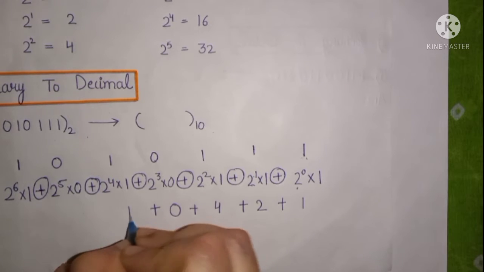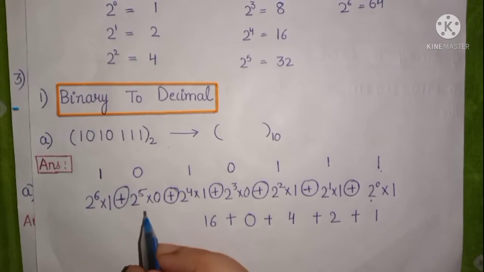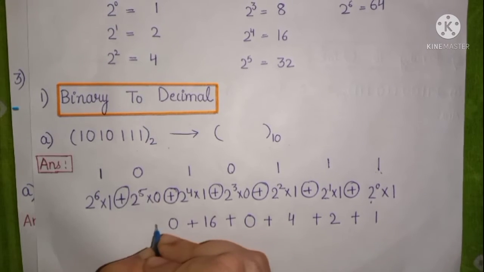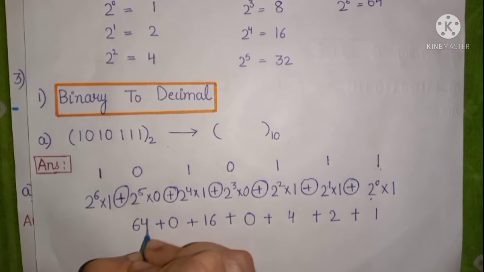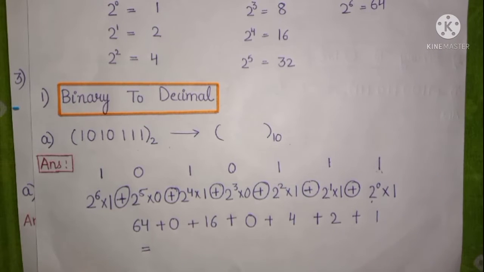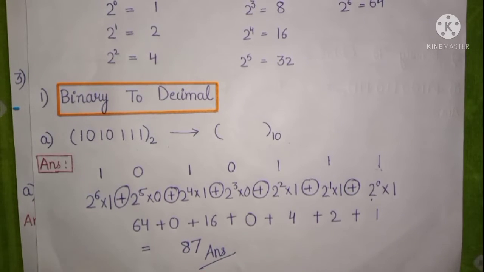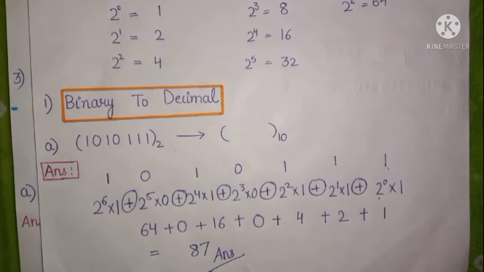So 16 into 1 is 16. Now 2 raised to the power 5 is 32, but 32 into 0 is equal to 0, and 2 raised to the power 6 equals 64. So if we total them, the sum will come to 87. So this is our answer. So this is how we convert binary to decimal form.